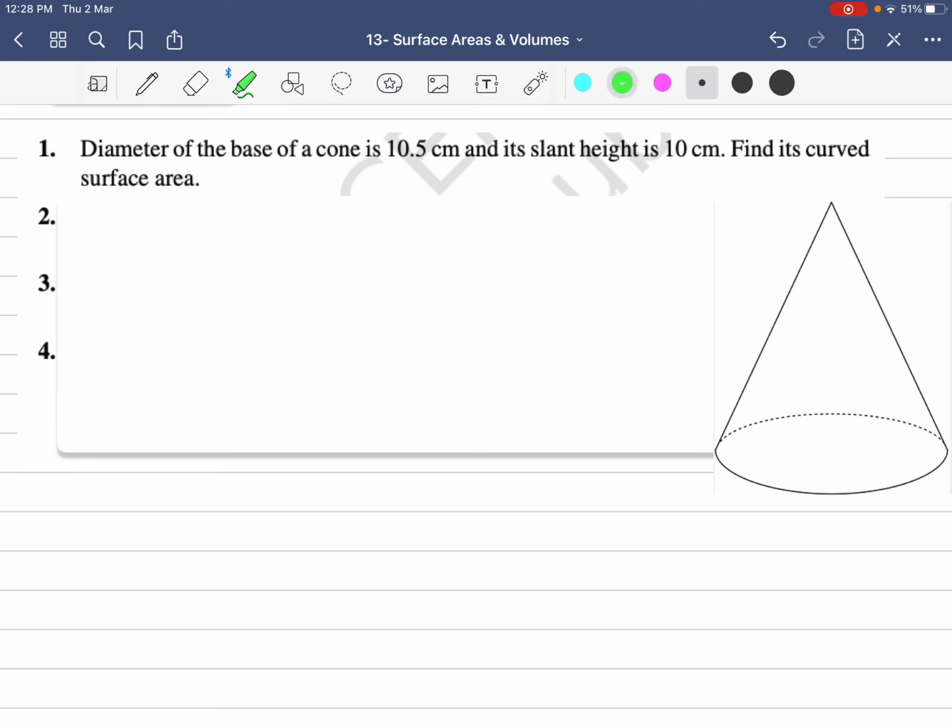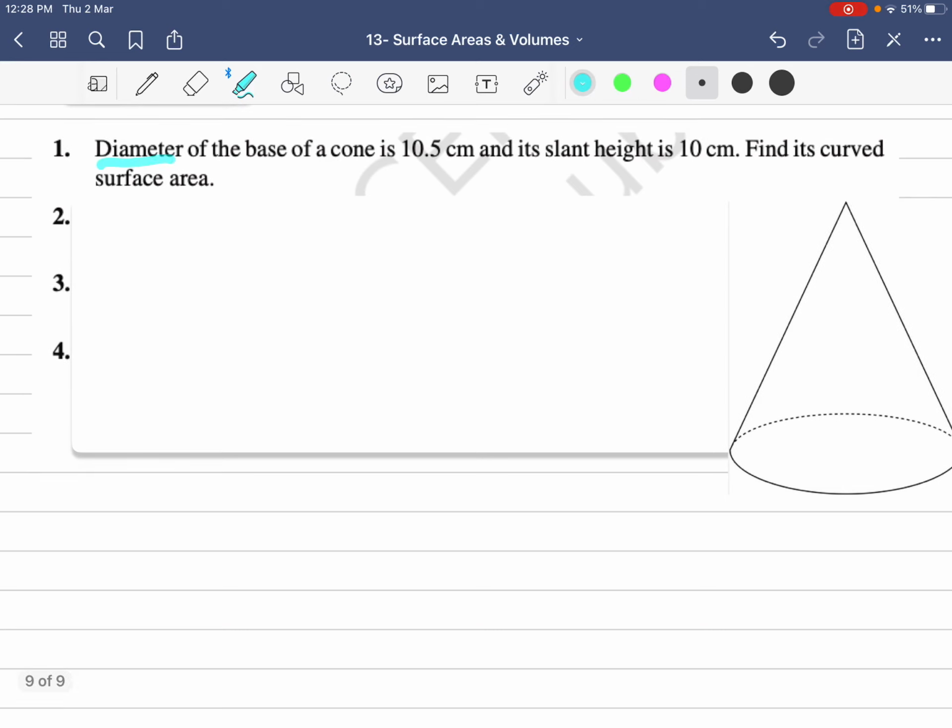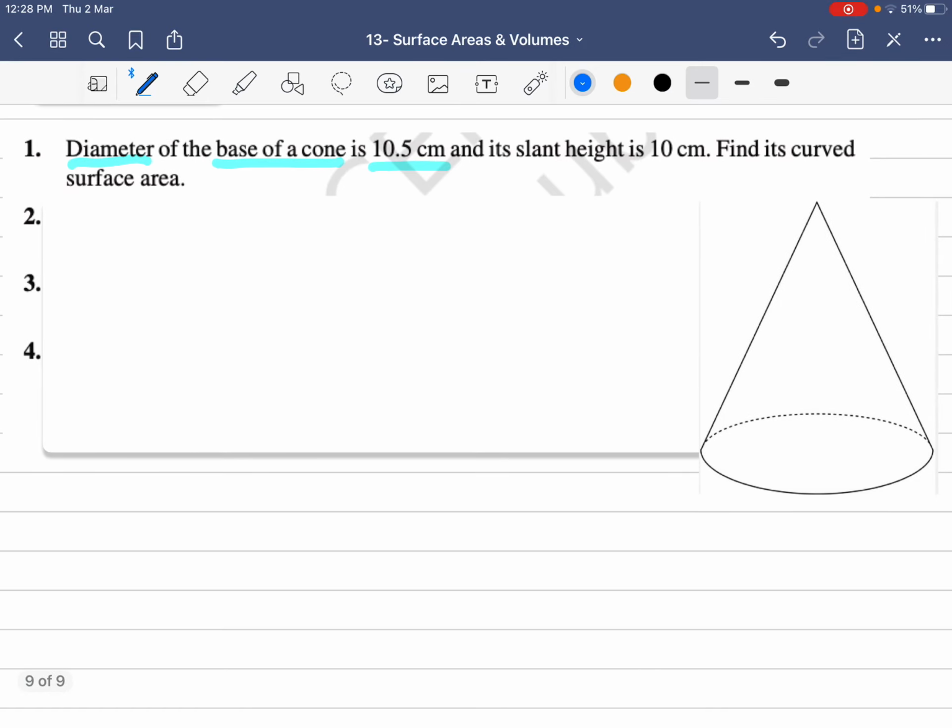So diameter of the base of the cone is 10.5 centimeter. So let's immediately mark it. So this is the diameter of the base of the cone. So this whole thing will be a diameter, right? So this is given to be 10.5 centimeter. So I am marking it 10.5 centimeter, and the slant height is 10 centimeter.